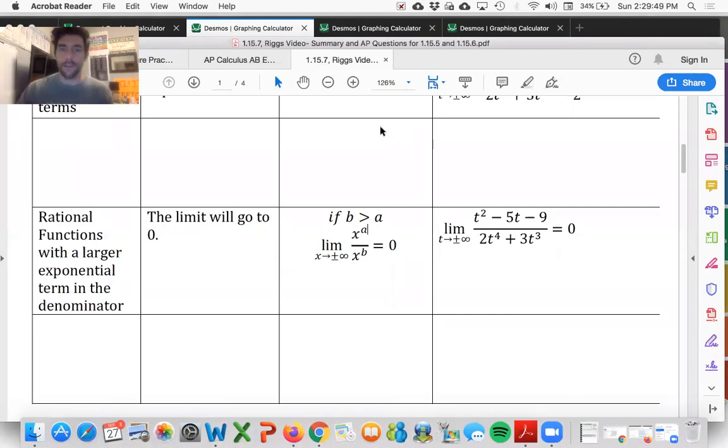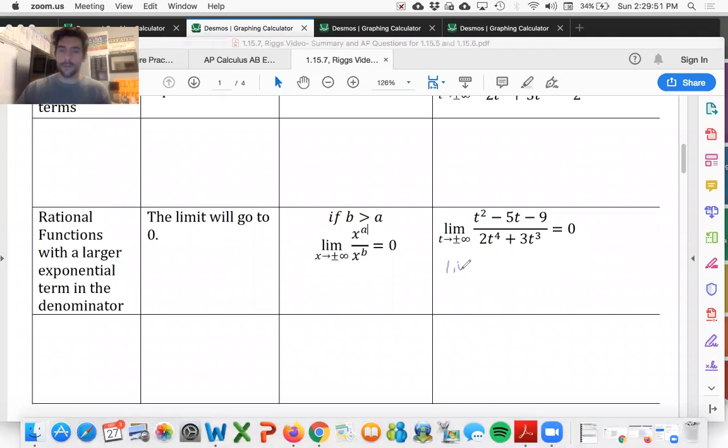So if I'm comparing this function, it doesn't matter if I'm going off to positive or negative, it's t, so let's actually have time approach. Isn't that a cool concept? Time approaching positive or negative forever. And then I'm comparing these two leading terms of t squared over 2t to the fourth. If I plug in 1, I can get a comparison value. That's just 1/2.